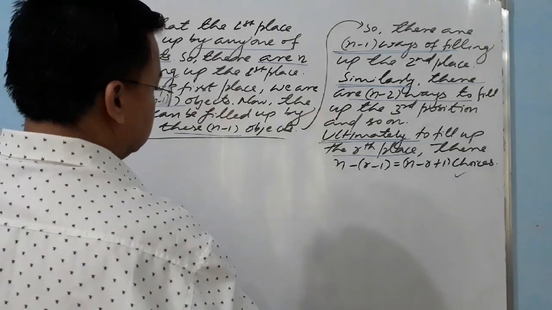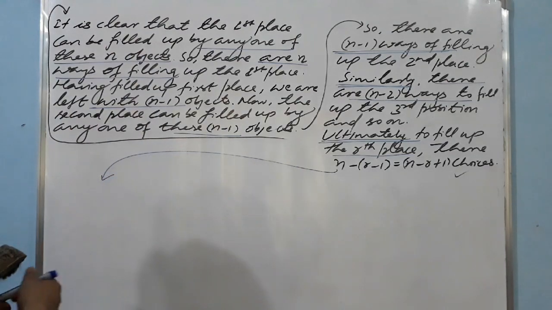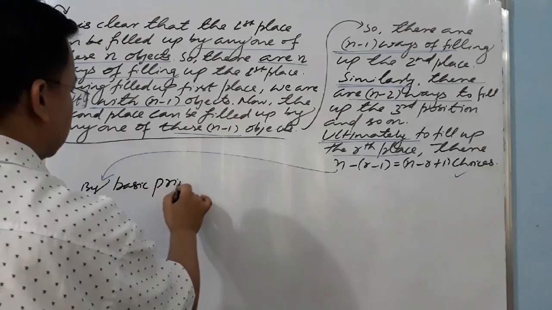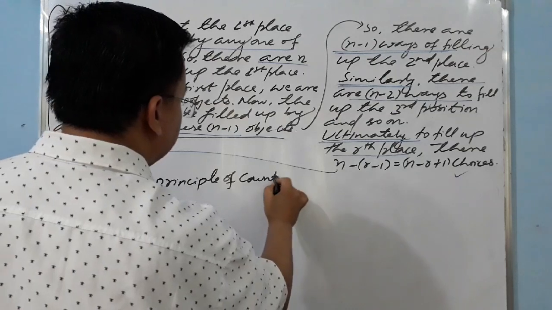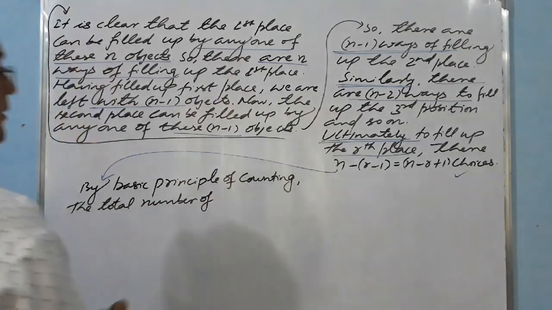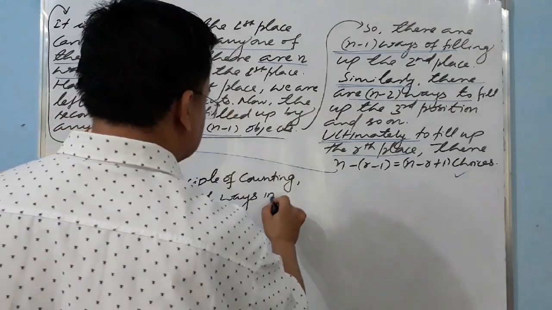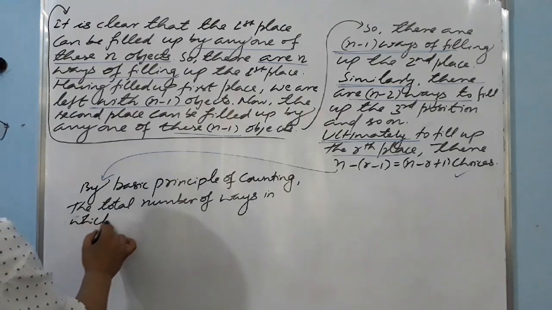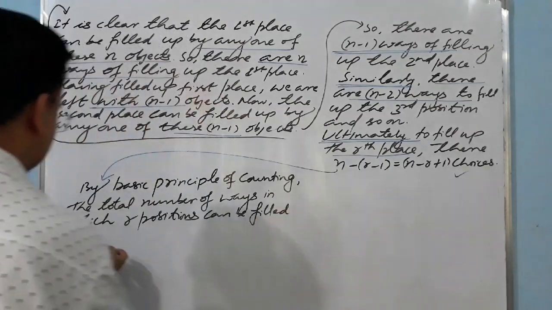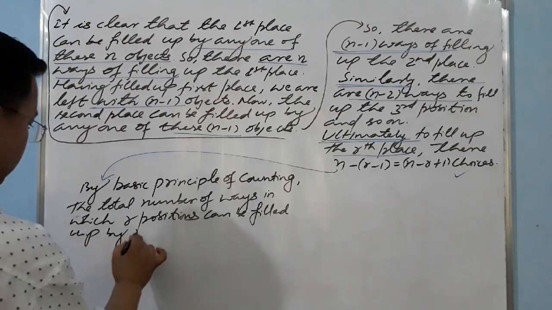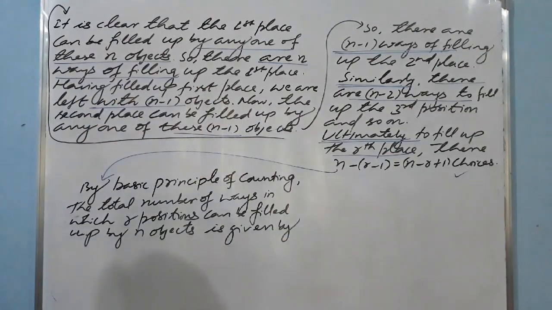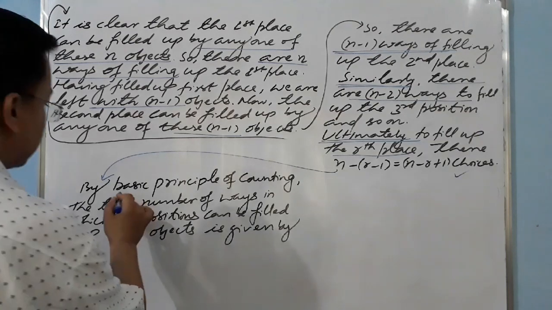After this line, by the basic principle of counting, the total number of ways in which r positions can be filled up by n objects is given by, because now we are going to use the basic principle of counting.